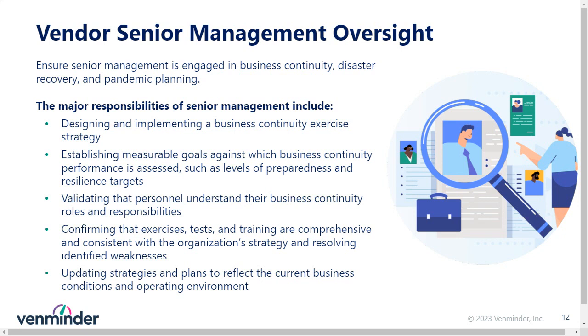The testing, of course, needs to include pandemic planning, but to show pandemic plans have been tested should be really easy now. And again, the same examiners and auditors want to see that senior management is engaged. You need to show that the senior management is engaged.